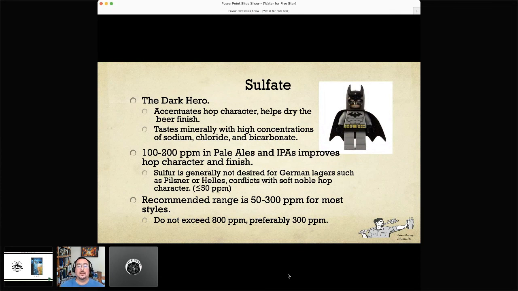Anyway, recommended range for sulfate is anywhere from 50 to 300 ppm for most styles. We talk about Burton-on-Trent and high sulfate, but 300 ppm is really about the maximum you'd want to use in a beer. Otherwise, the beer just becomes too dry.